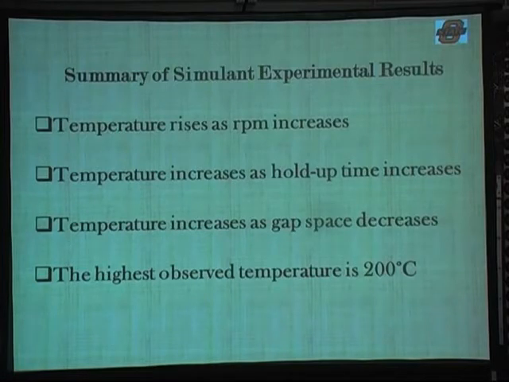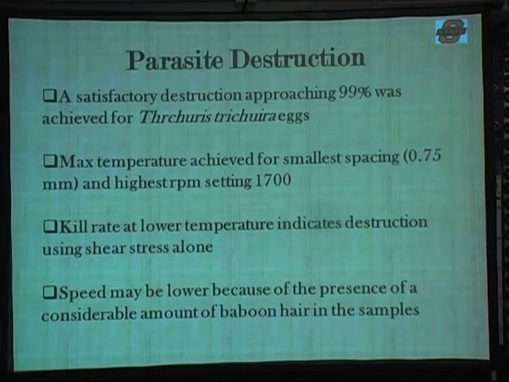So I guess it's possible to light a little fire under this thing before you get started, and we wouldn't have any startup time to speak of at all. Temperature increases as the gap space decreases. It says 200, but I personally have only seen 196 C on the outlet. But the graduate students hang out in the lab more than I do.